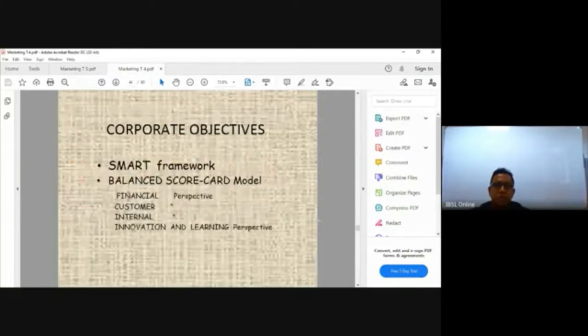From an organization's point of view, there are various ways to develop objectives. The SMART framework is familiar to you.